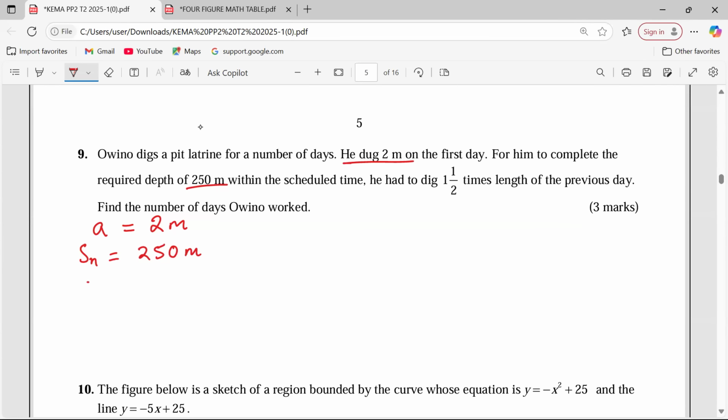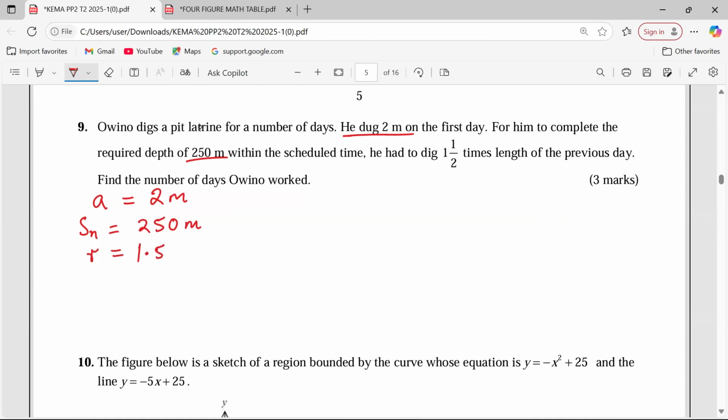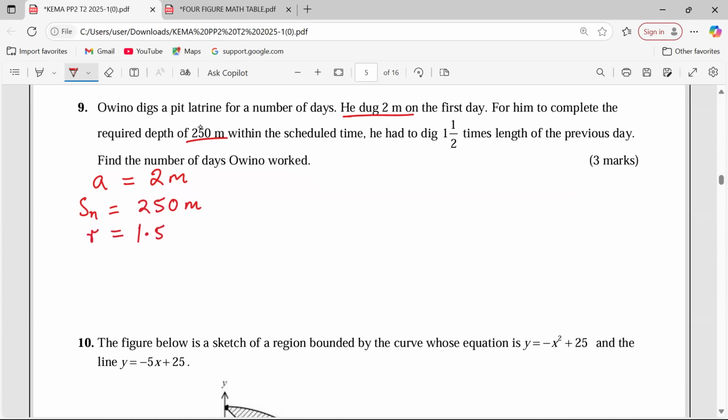So we are having a common ratio, which is 1.5. So with this we can say this type of progression is arithmetic. It's not arithmetic, sorry. It's geometric, simply because we are not having a common difference being added. We are having a common ratio that is multiplying all the values.